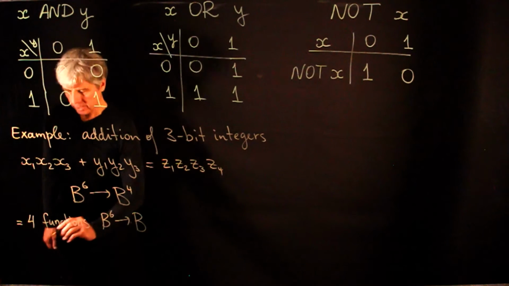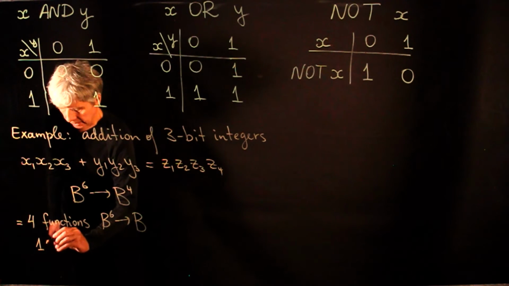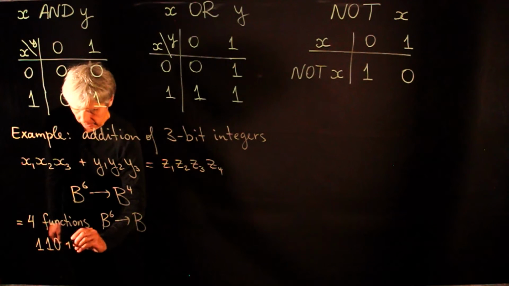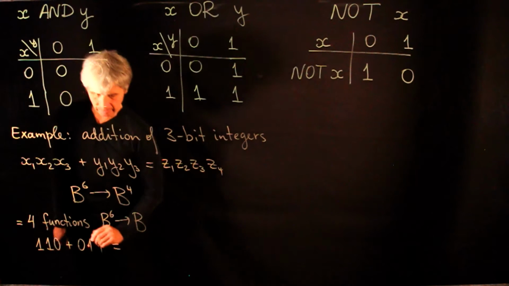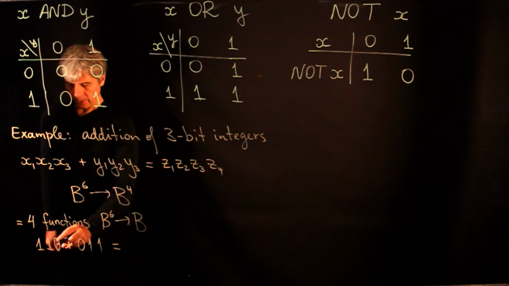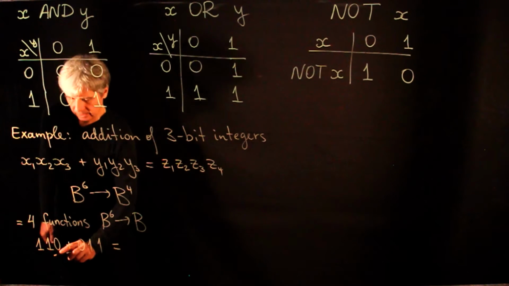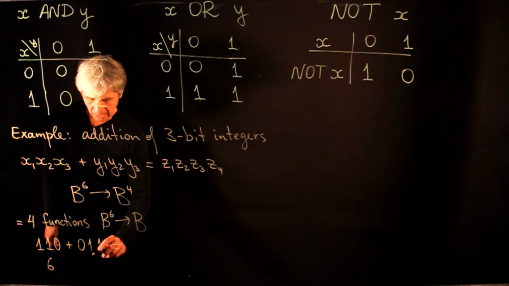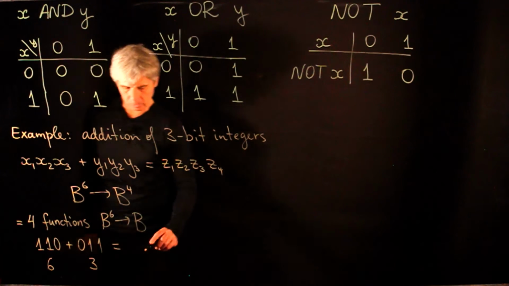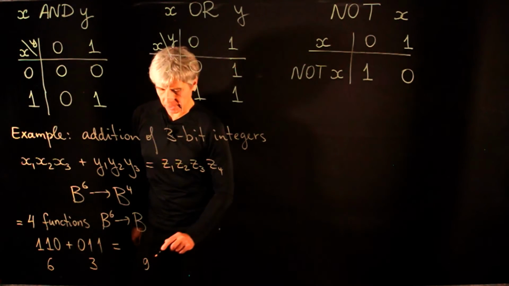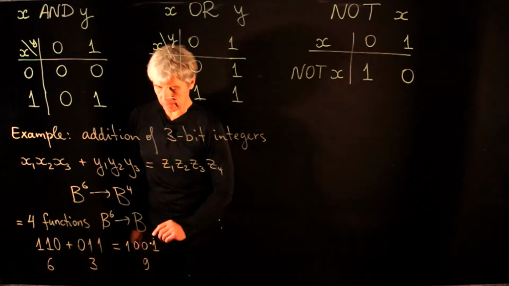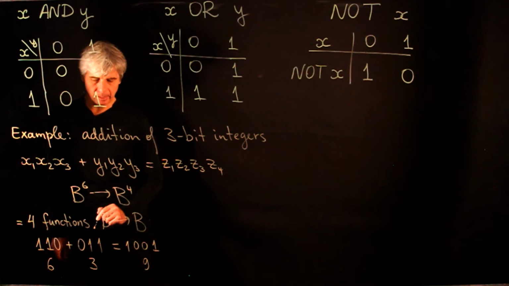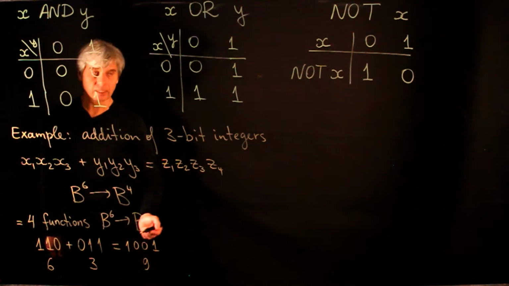So as an example of this calculation, we can take 1, 1, 0 plus 0, 1, 1, right? So what is this? So this is 6 plus 3. So the result should be 9, and 9 is 1, 0, 0, 1, right? So this is an example of this calculation.